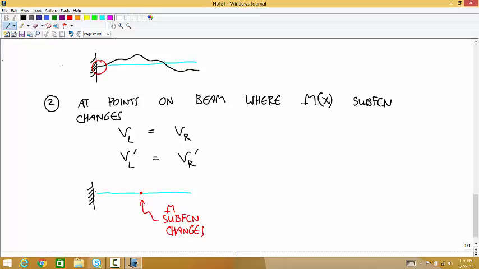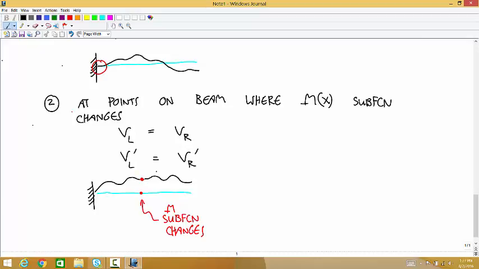Then after the deformation, the subfunction representing the beam to the left of that point puts the beam into this shape. On the right, it puts the beam into this shape. But right at that point, the slopes have to agree and the heights have to agree. Okay, it's the same point. So you can't have any non-differentiability at that point.